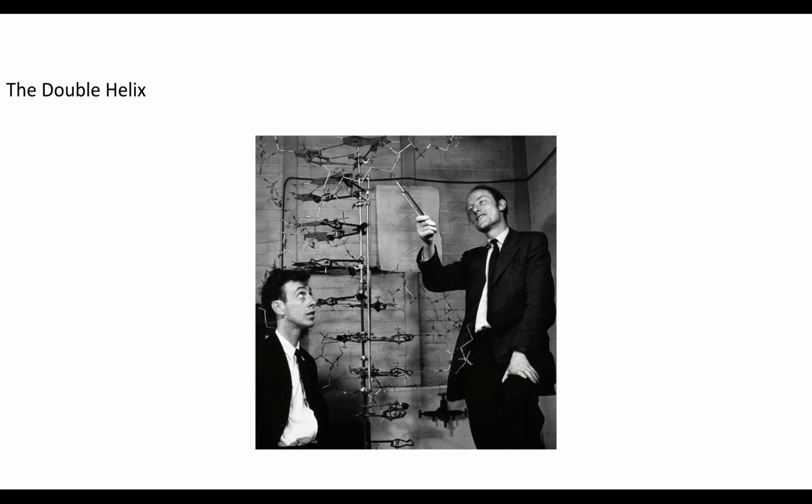All right, so the first people to visualize or actually be able to see and identify the structure of DNA were Watson and Crick in 1952, working with imagery taken from the lab of Rosalind Franklin.